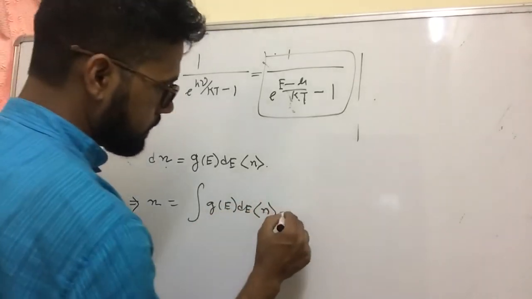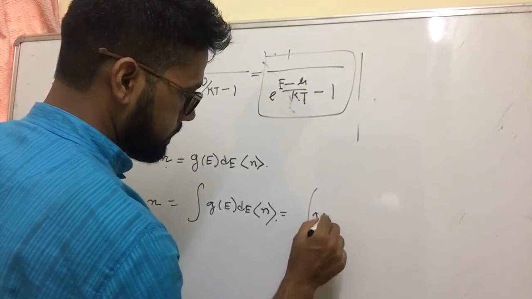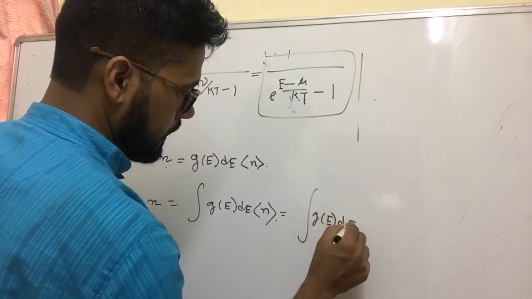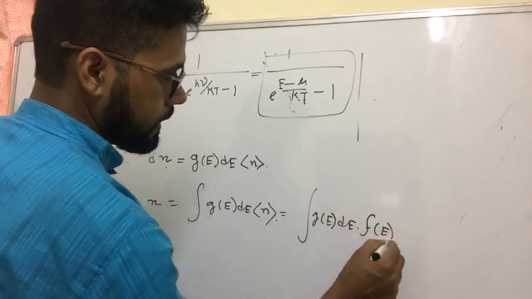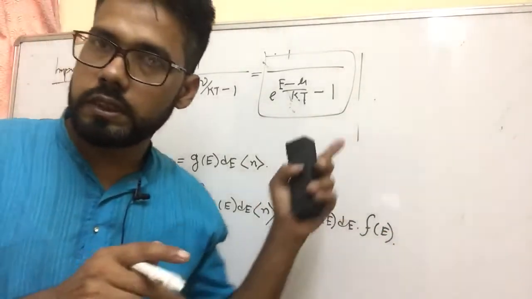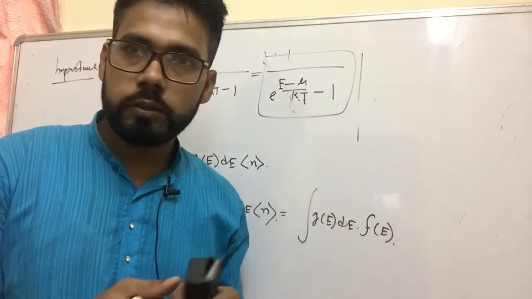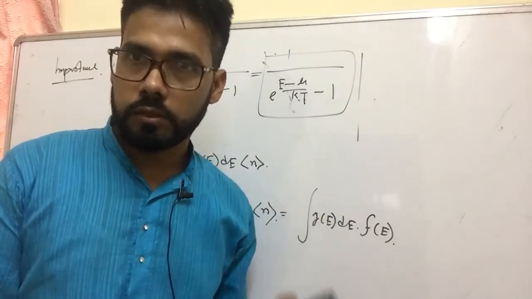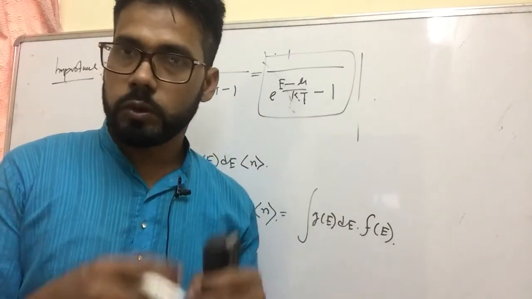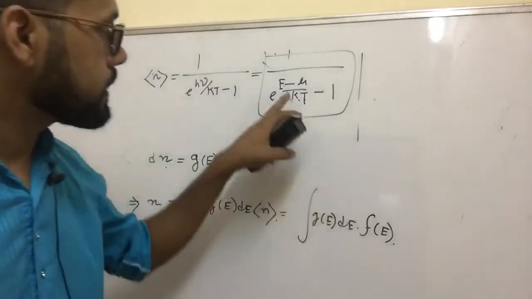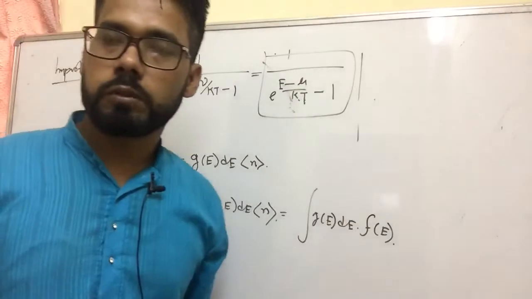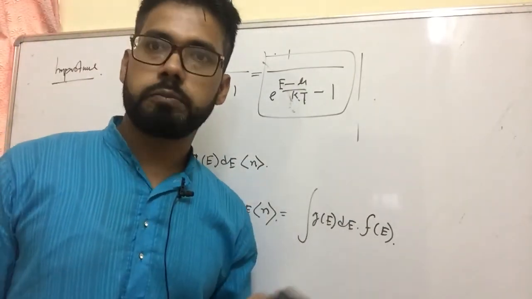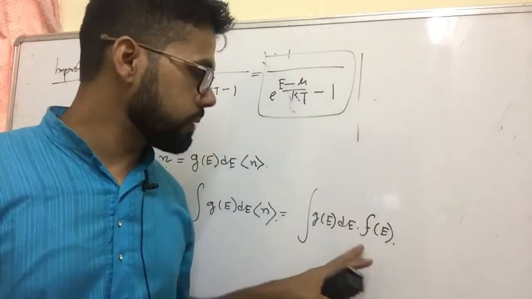Average number means F. Now suppose this box is a semiconductor. A semiconductor contains either electrons or holes, both are fermions. Then you have to replace this equation with mu not equal to 0. If the system is composed of particles like photons, then mu equal to 0, and you replace this value.